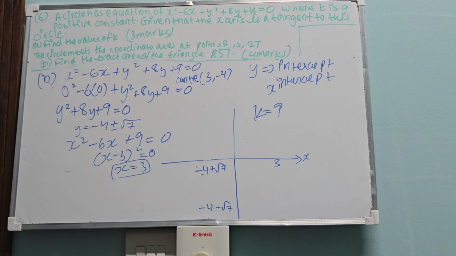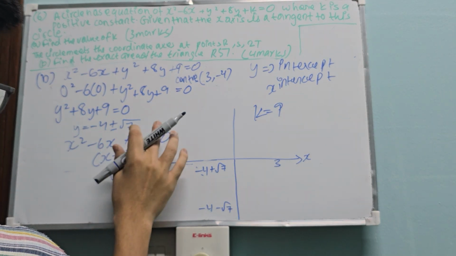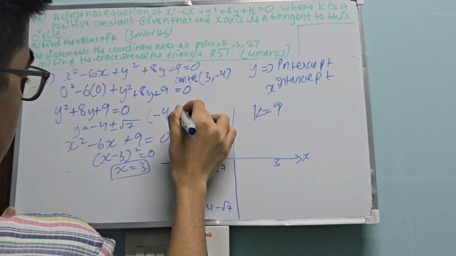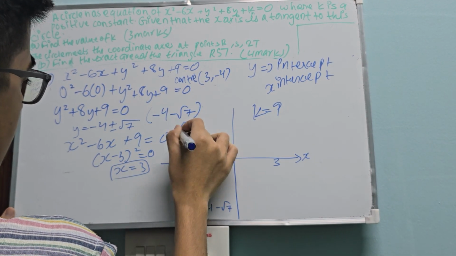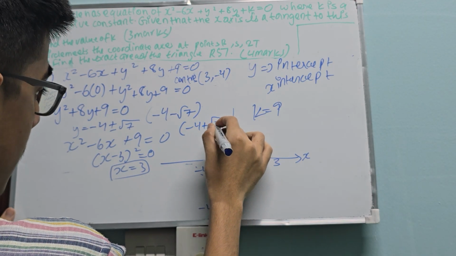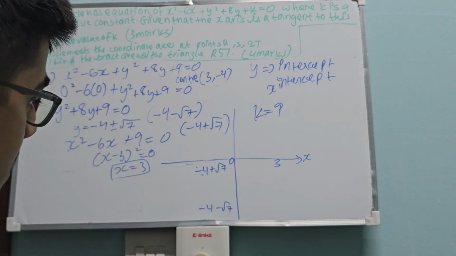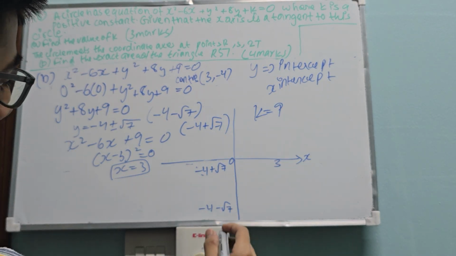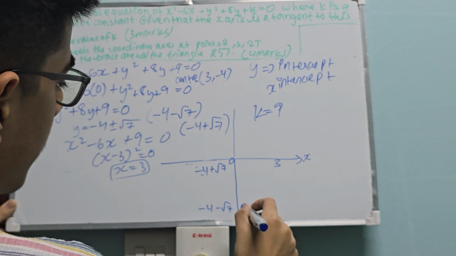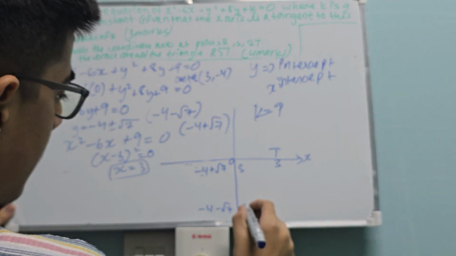Sorry for the confusion. Let me say it again. This is the y-intercept, so the y-intercepts are minus 4 minus root 7 and minus 4 plus root 7, when x is equal to 0. Plot them on a graph, draw a rough sketch. The x-intercept is 3. Now we need to find the exact area of RST.